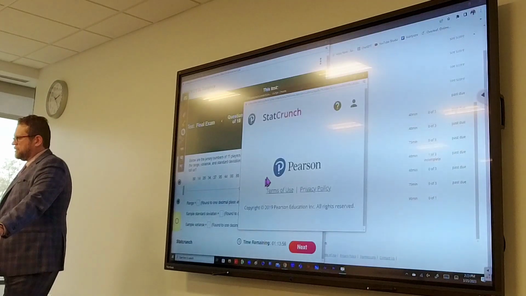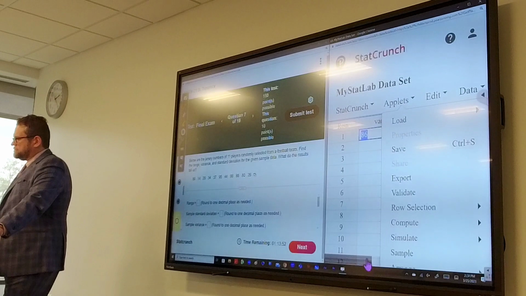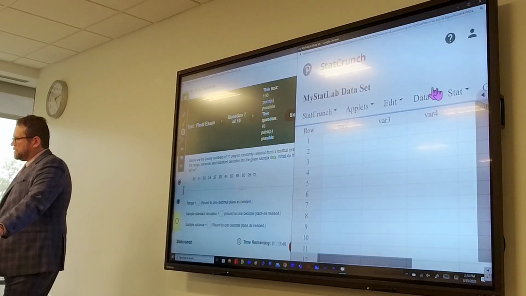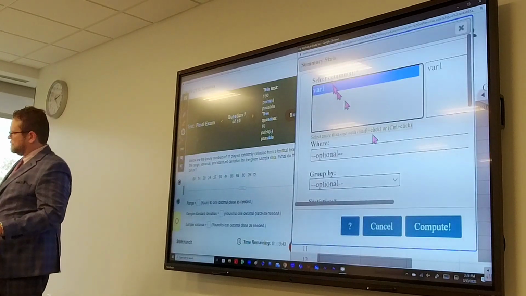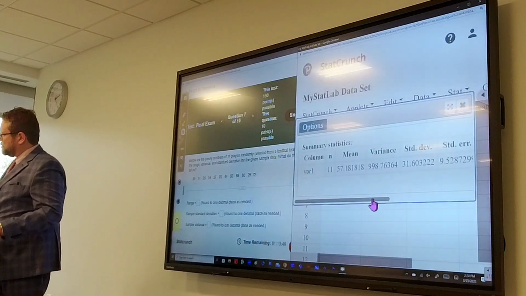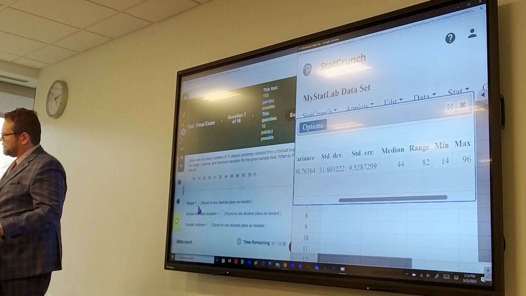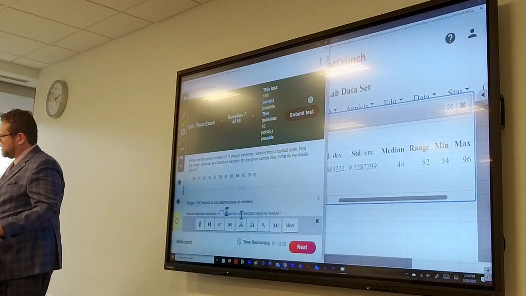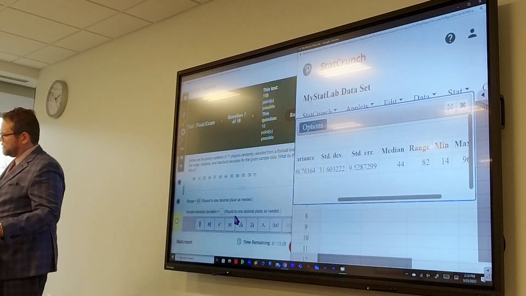So, summary stats, columns, VAR1, compute. My range is 82. My standard deviation is 31.6.